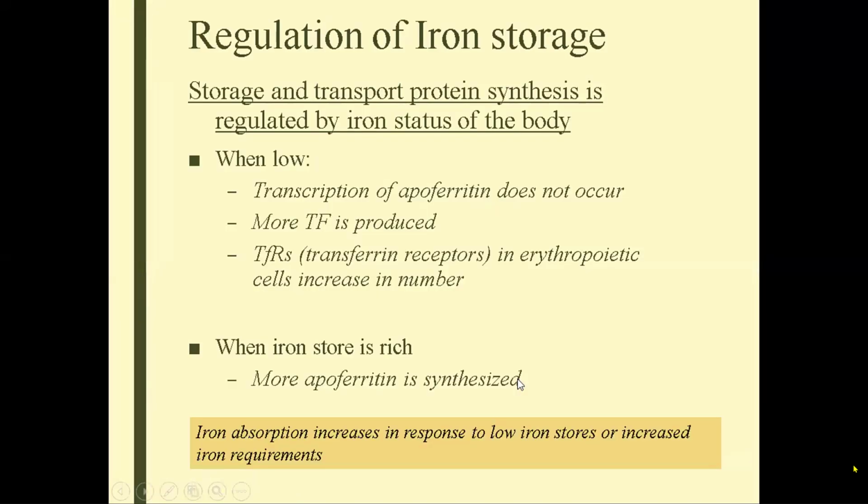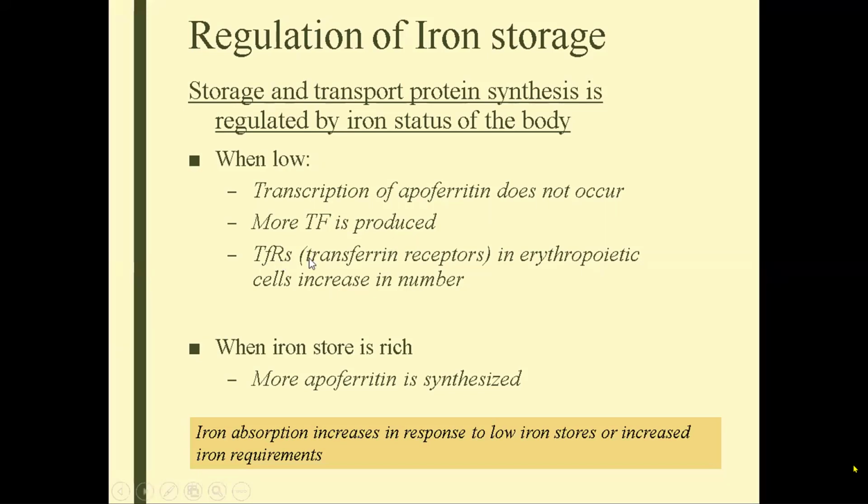So storage, now there is a regulation of iron stores, because depending upon the iron status, the iron is either stored or utilized, isn't it? So for that, there is certain regulation of this iron. You can see here when low, right, transcription of apoferritin does not occur, right?